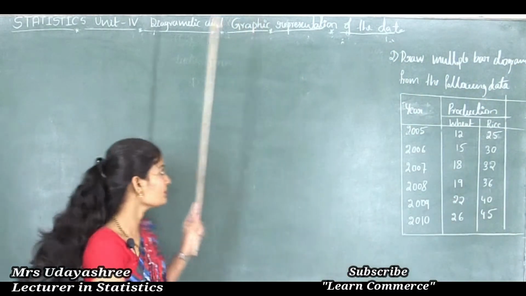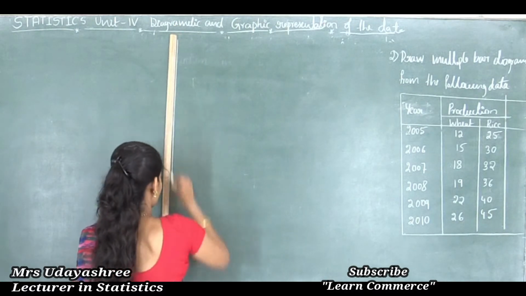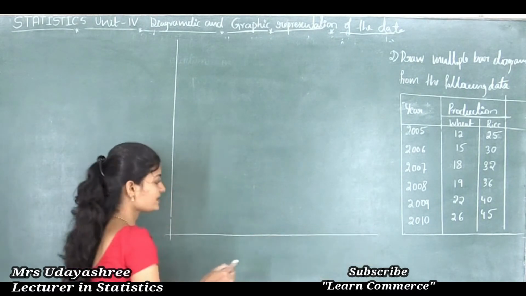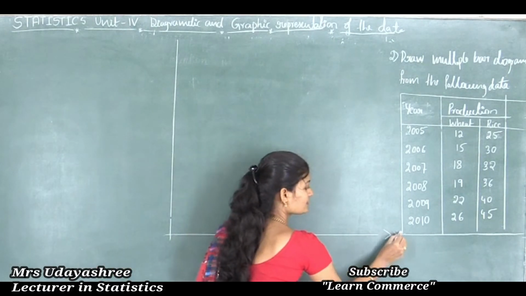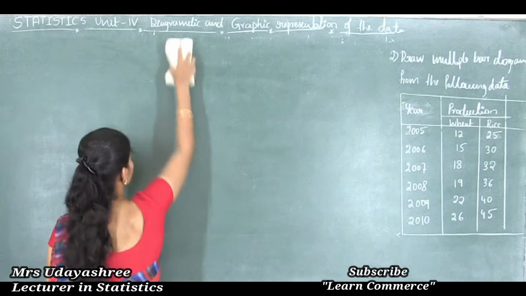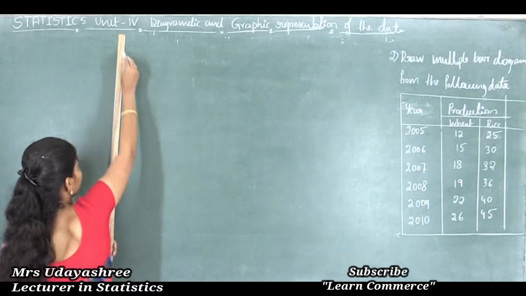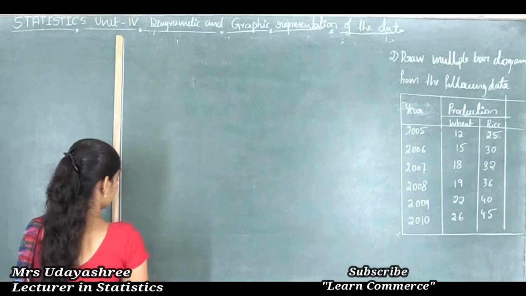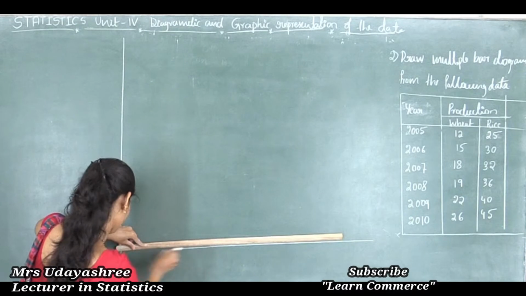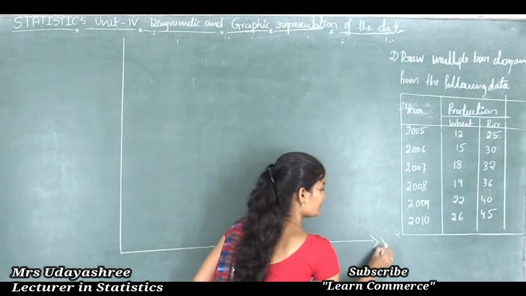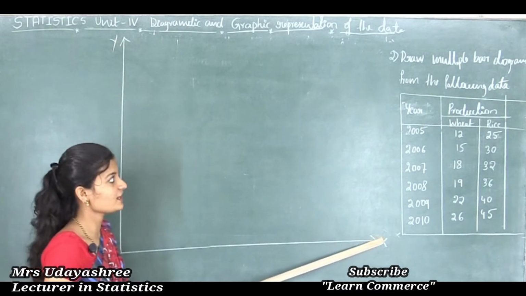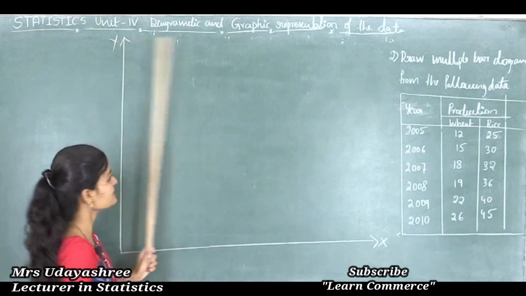And we know that the diagrams are like this. See, here this is the x-axis and this is the y-axis. The x-axis is along the years and the y-axis is along production.